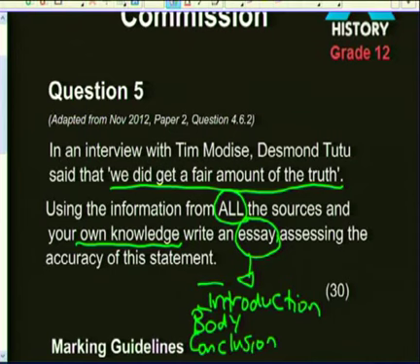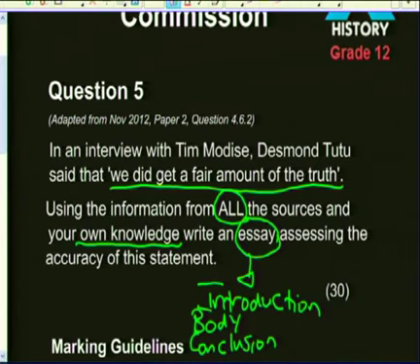Those are 3 parts of an essay. You are not going to answer this question in point form, because if you do that, then it's not a coherent essay. In order to have a coherent essay, you need to have those 3 parts.